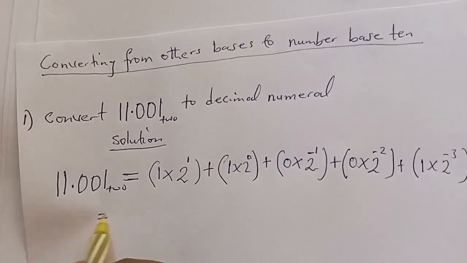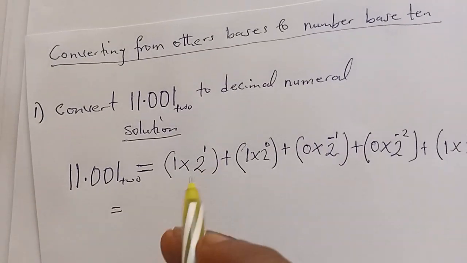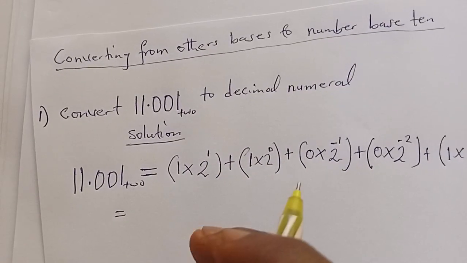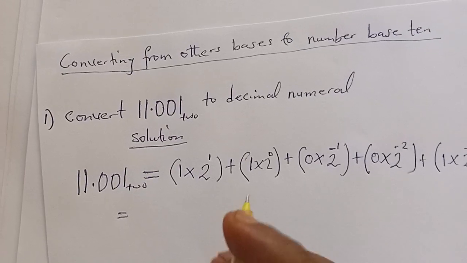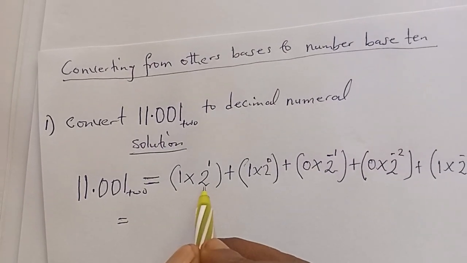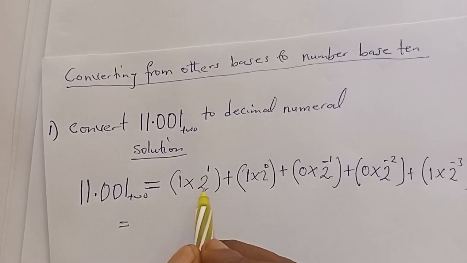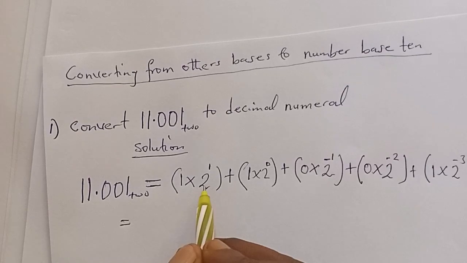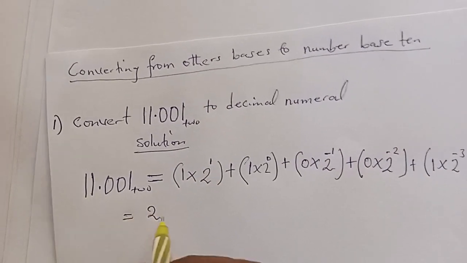Now, to solve it, this time around we're not going to make the problem longer. We just calculate very fast. So 2 to the first power is 2, right? Anything to the power of 1 is that thing. So 2 times 1 is 2.